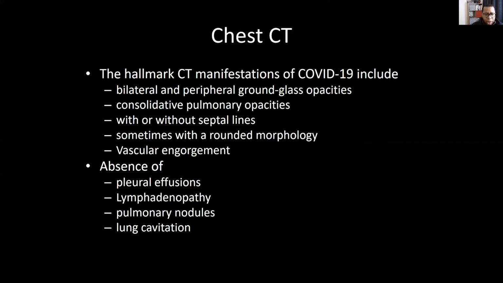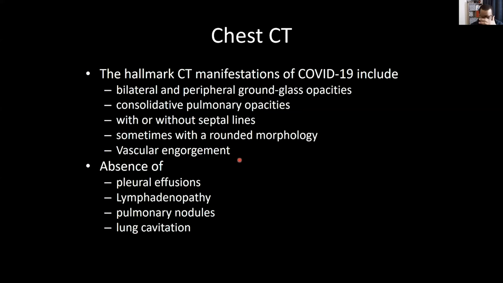So early on, as we started to compile cases, predominantly from China, people started to describe the hallmark CT features of COVID-19. And they include on chest CT, bilateral and peripheral ground glass opacities, consolidated pulmonary opacities with or without septal lines. Sometimes they have a rounded morphology and this vascular engorgement, like I showed you.